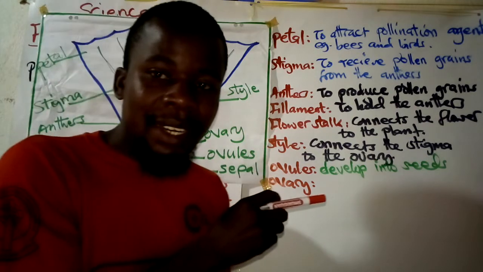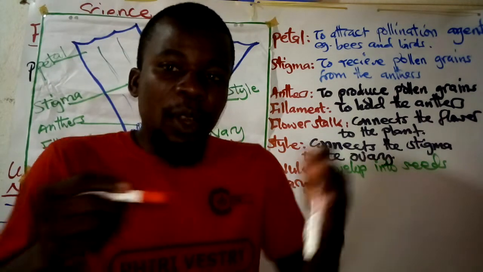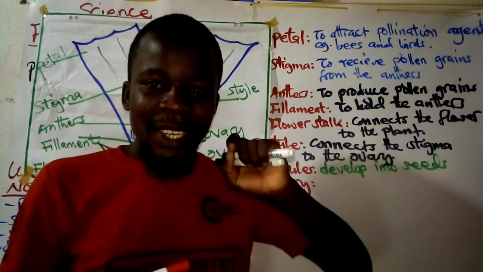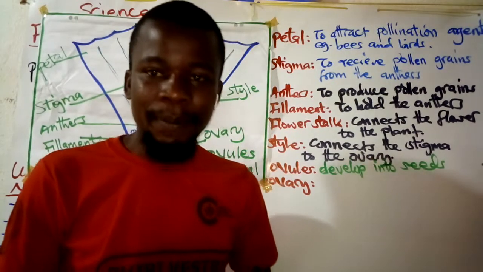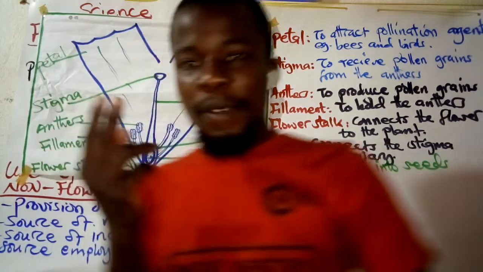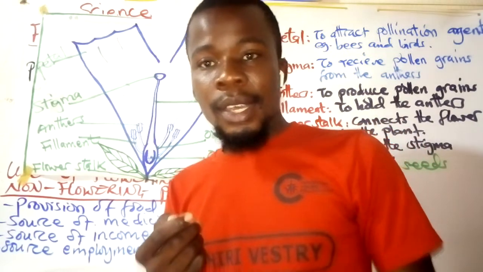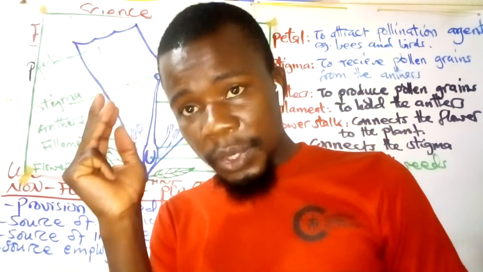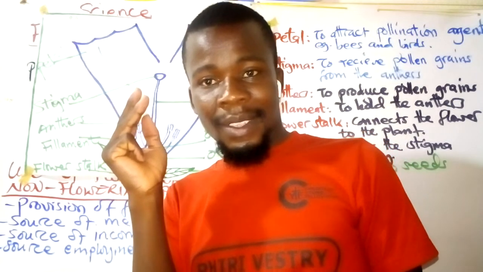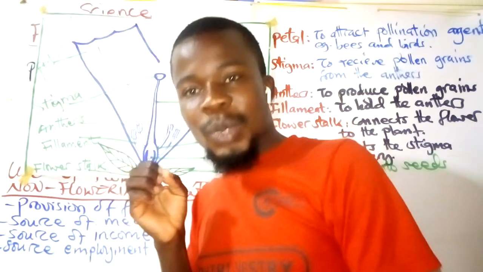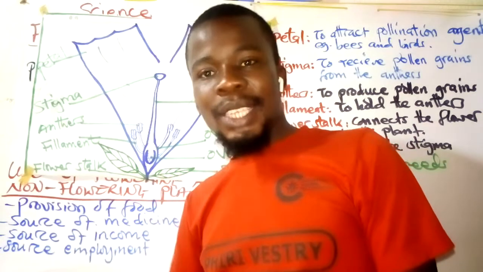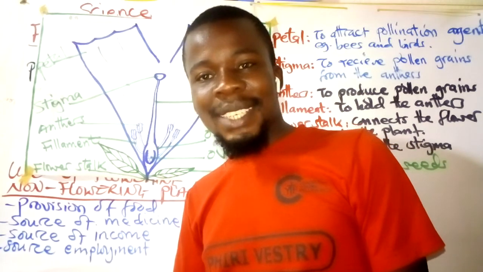And again, the function of the ovary is to develop into a fruit. So the ovary has got two functions: to hold the ovules, to contain the ovules, and to develop into a fruit.